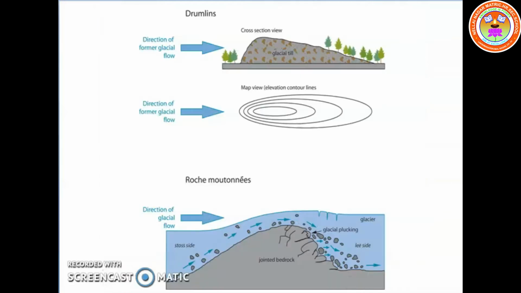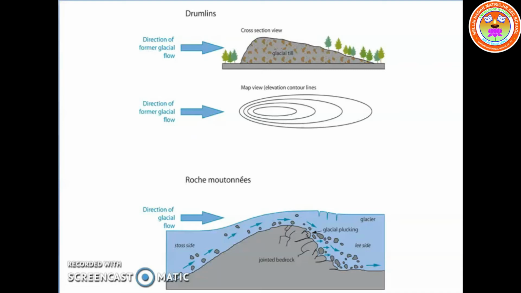The next one is drumlin. Drumlin is also called basket of eggs. These are deposits of glacial moraine that resemble giant inverted teaspoons or half-cut eggs.